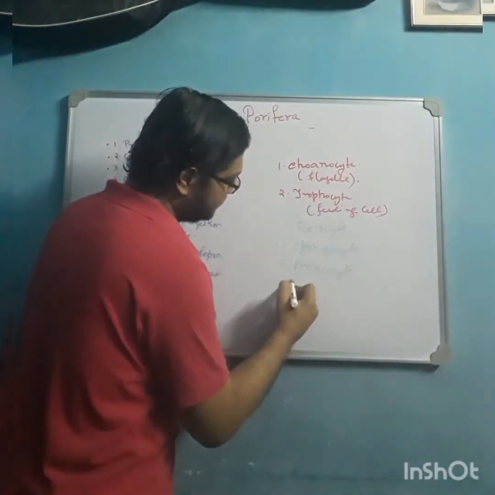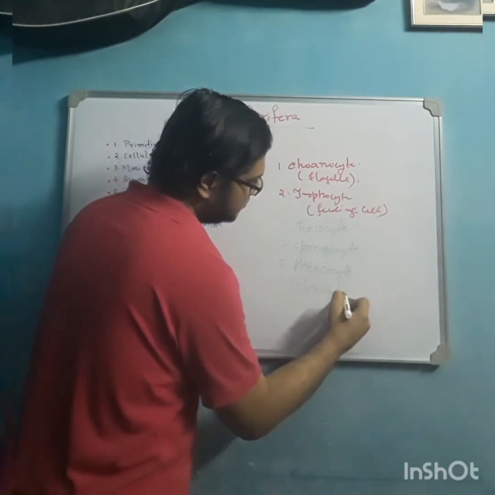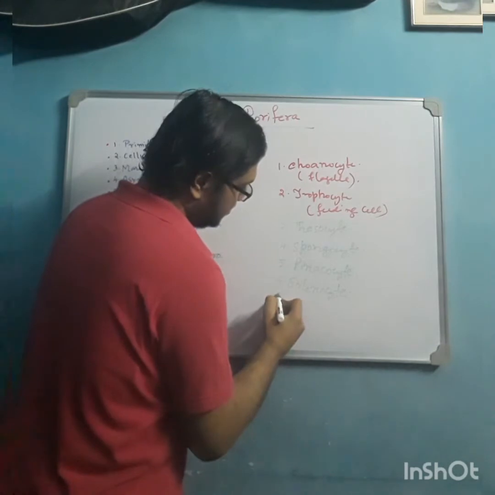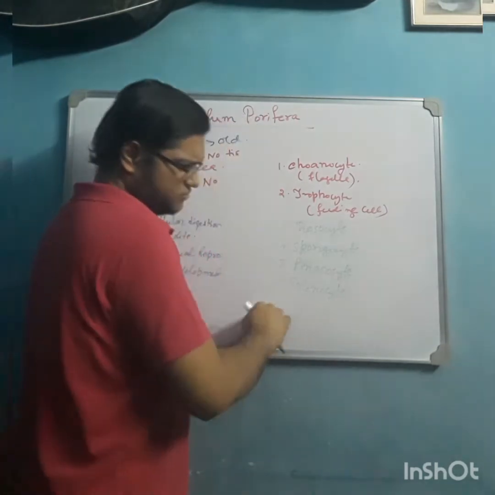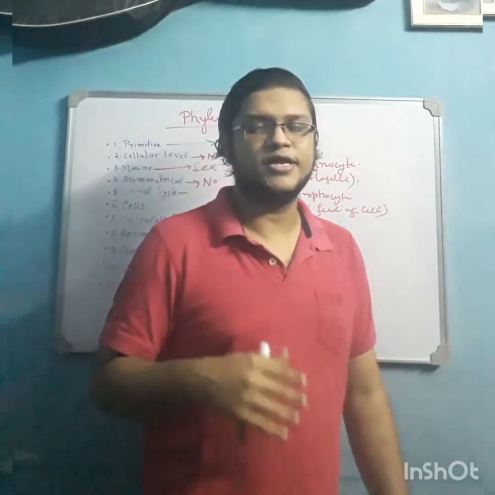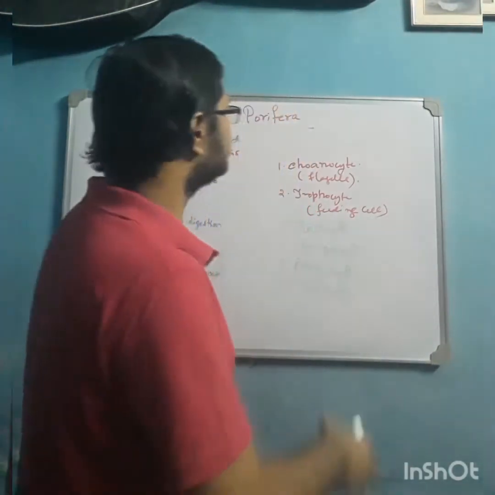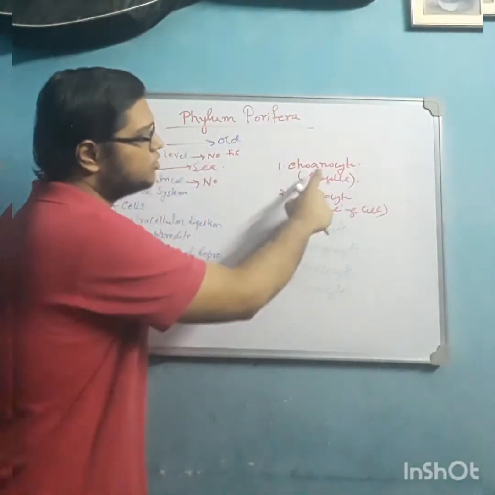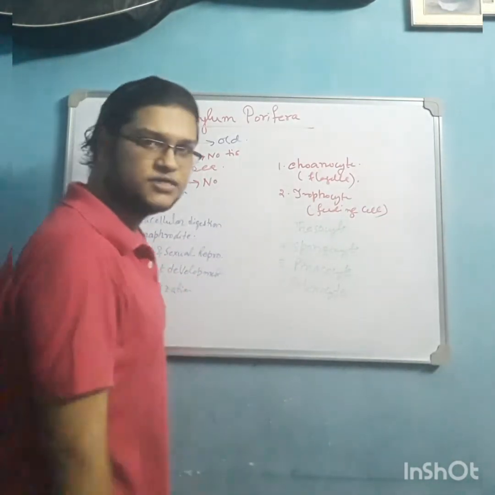Next is solenocyte. It has no such special utility, but it helps to maintain the body structure of phylum Porifera. So these are very important cells: guanocyte, trophocyte, thesocyte, spongocyte, pinacocyte, solenocyte, etc.